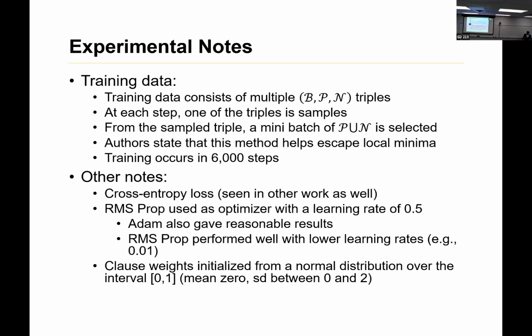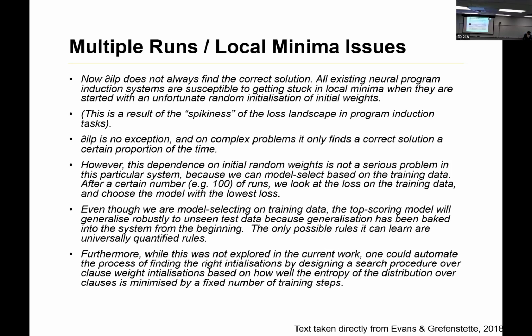I thought the training setup was kind of interesting. Now, I really like that they included this in the paper, which is why I put it verbatim. But they made a point that when they would learn the model, they would suffer from local optima a lot.